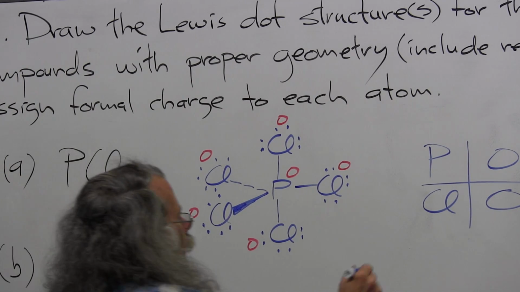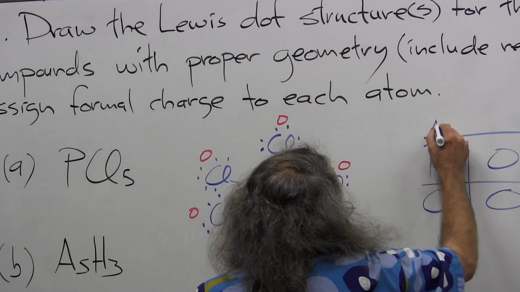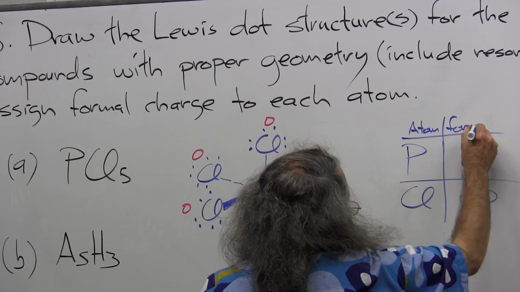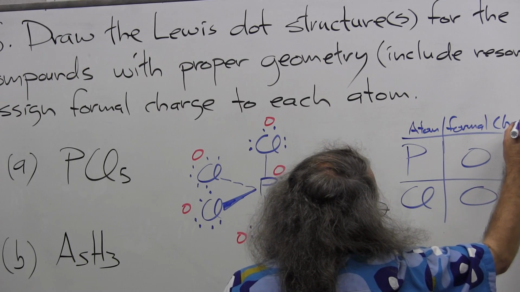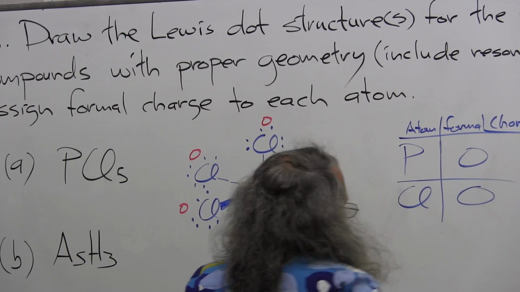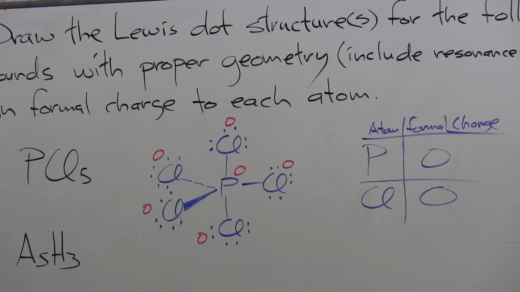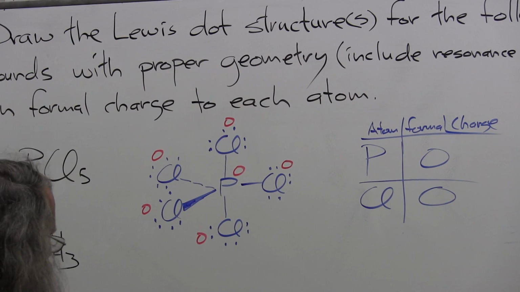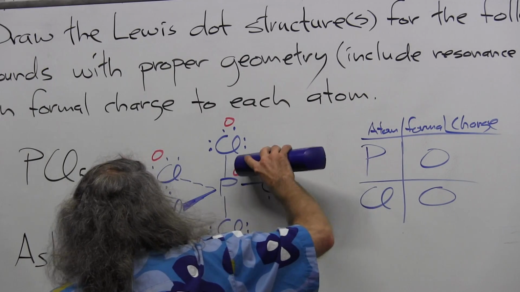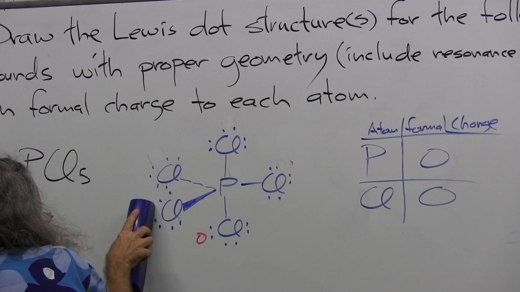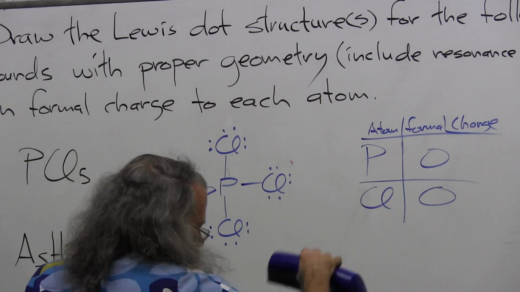So I'll say, I can write atom, formal charge. And this way I can unambiguously assign it, and there's no doubt as to what I mean. So I'm going to erase this information I have in red for this approach. This is unambiguously doing it that way.